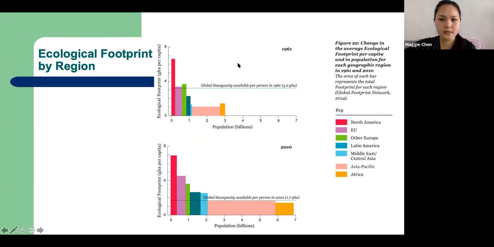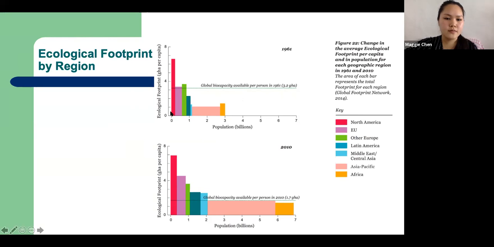If we're looking at 1961, this dotted green line is our global biocapacity per person, which is around 3.2 global hectares. And it was at this point just considering how many people we had at that time. So in 1961, we had around 3 billion people on the earth.